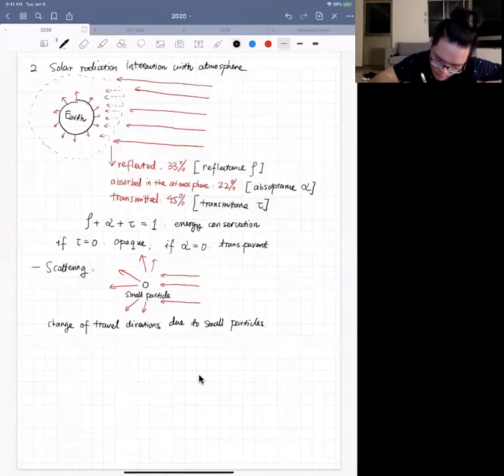Okay, so there are a few scenarios. We can use this simple principle to understand a lot of natural phenomena.